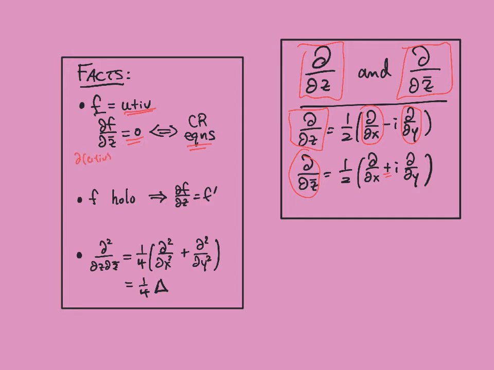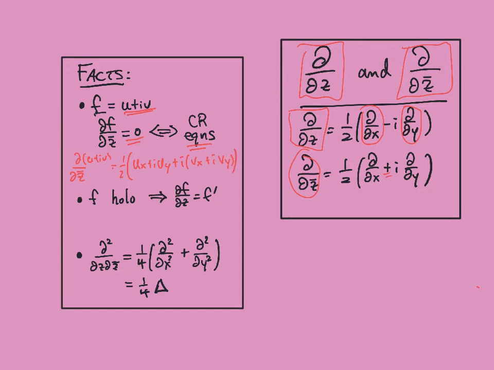d(u plus iv)/dz bar will be equal to 1/2 (ux plus i uy plus i times vx plus i times i vy).